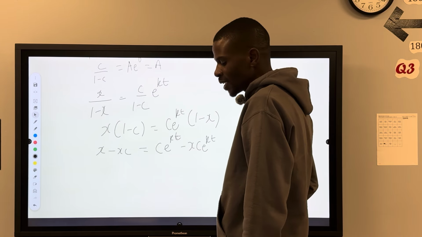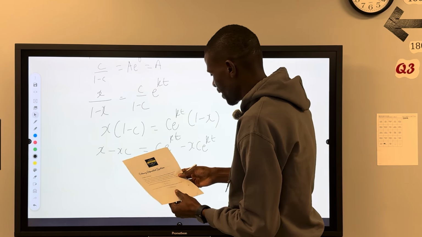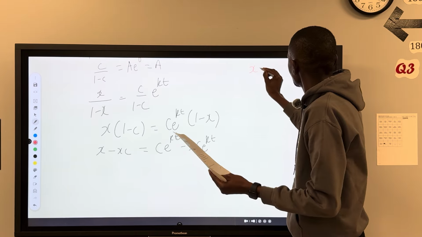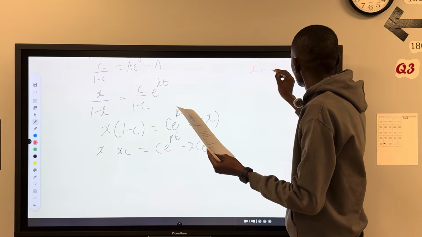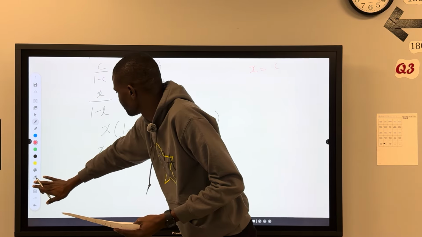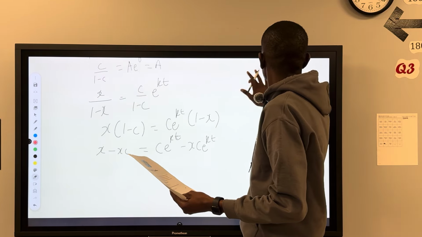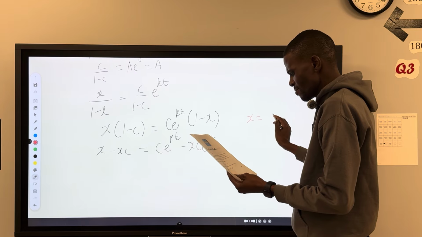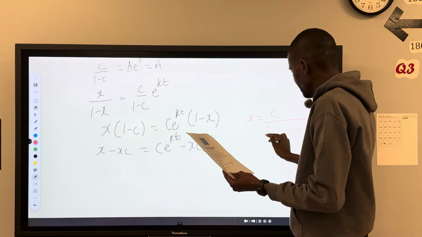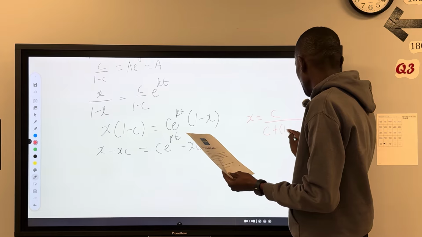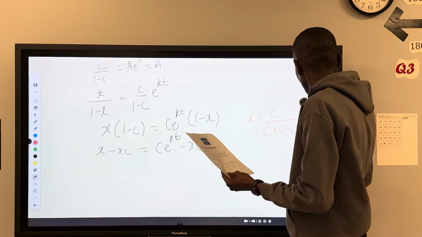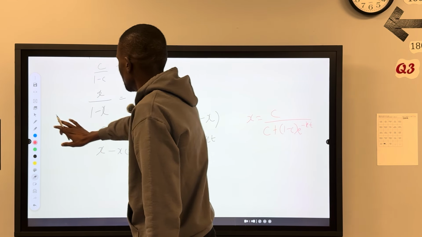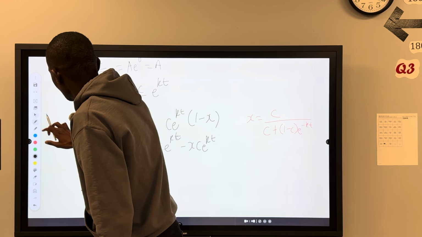Then remember, we are trying to show this. We are trying to show that x is equal to c over c plus 1 minus c e to the negative kt. So we also need to play around with the rules of logarithms.